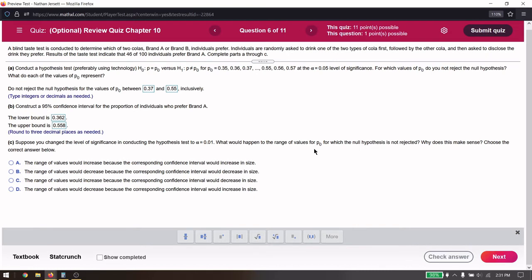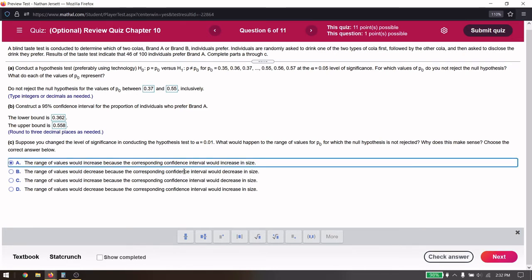It has to be more significant evidence to reject the null hypothesis. So what this does is it increases the range of values that would be in the do not reject the null hypothesis, because you have to have even more evidence to reject it. So really what this will do is that it'll increase this range. The lower will go further down, the upper will go further up. It just makes the range of values bigger. So the range of values would increase because the corresponding confidence interval would increase in size.